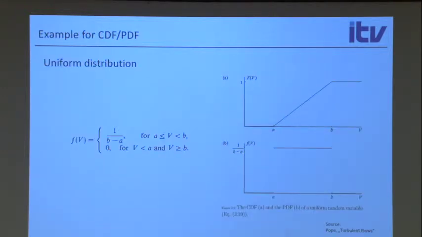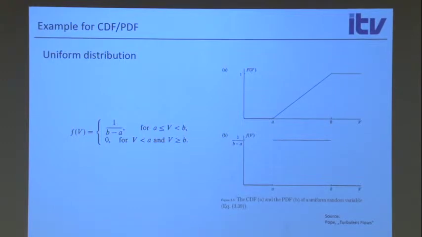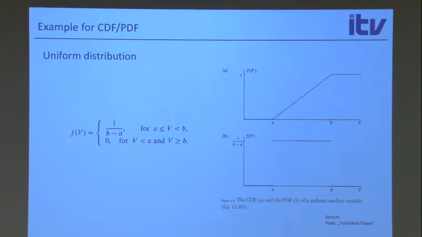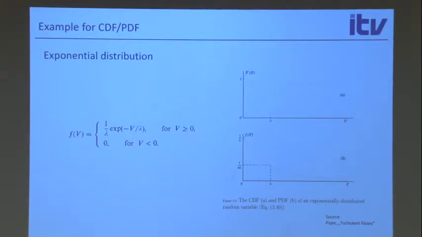Okay, so that's CDF and PDF, and I want to give you a few examples of functions that are often used. The uniform distribution means that between A and B I have equal probability for any value, and then the PDF looks like this. This is the functional form, okay? Then the exponential distribution is another one that sometimes occurs, not in our course now, but you can plot the PDF and also the CDF.